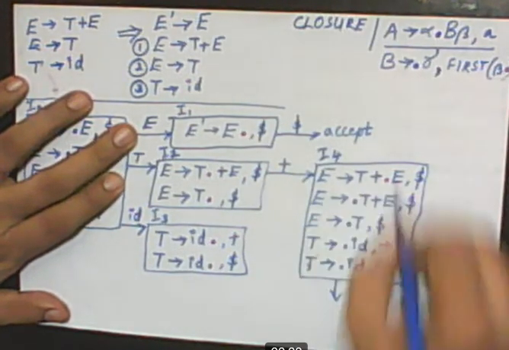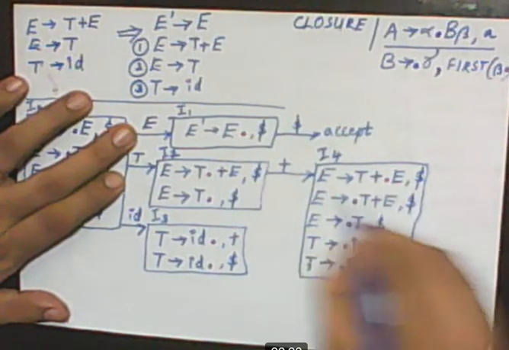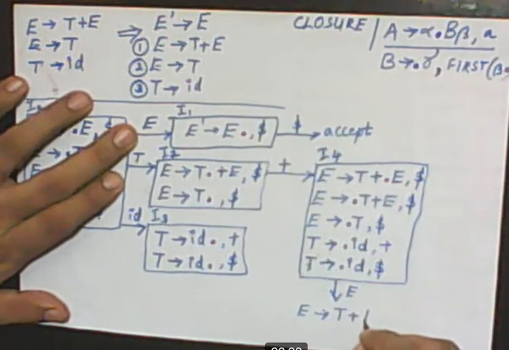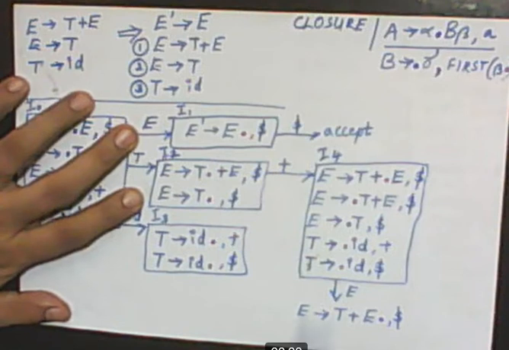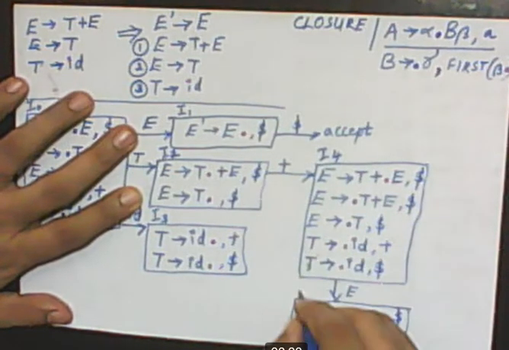This state on capital E will take you to E gives T plus E dot, and the dollar will be transferred similarly. This is a final item, you cannot add any more, so you can close this and name it as I5.